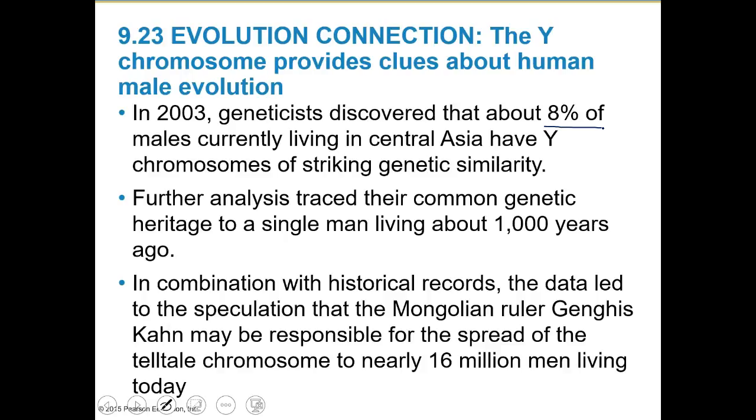Further analysis traced the common genetic ancestor to a single man living about 1,000 years ago. In combination with historical records and the data, this led to the speculation that Mongolian ruler Genghis Khan may have been responsible for the spread of the telltale chromosome to nearly 16 million men living today.